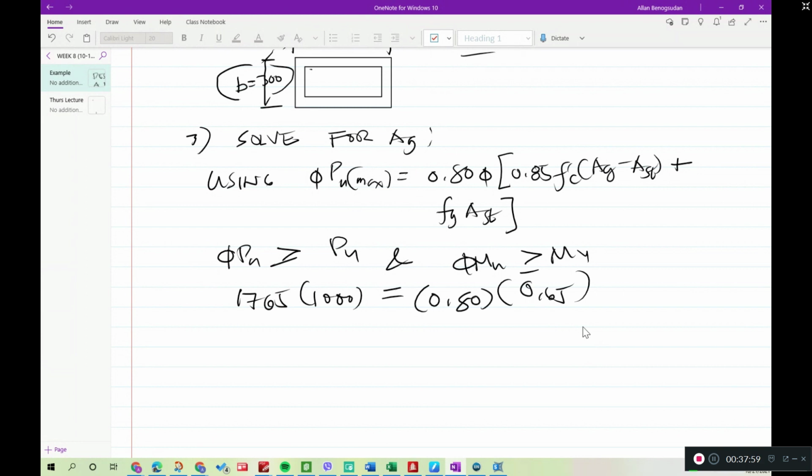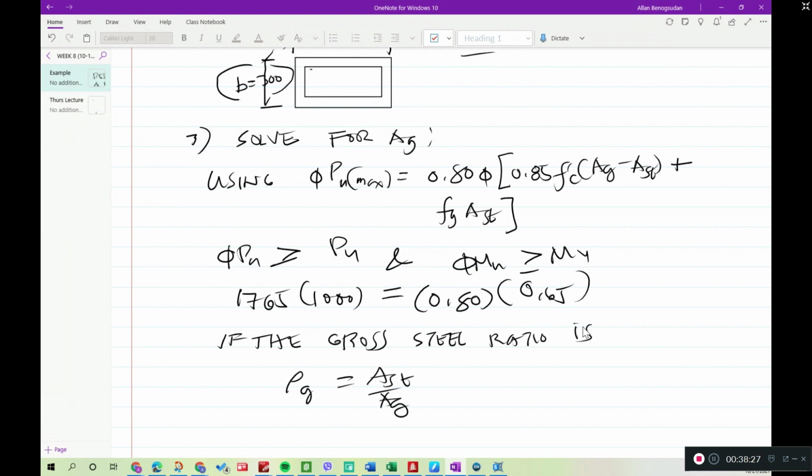If the gross steel ratio is rho g, equal to Ast over Ag, I think I've shown that one earlier.